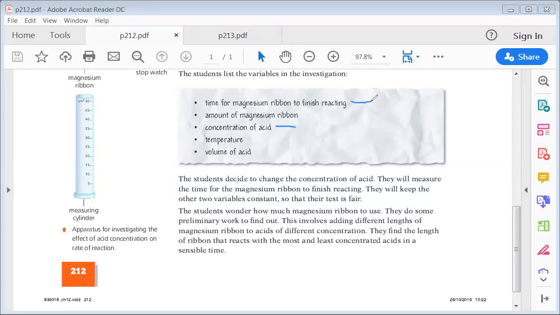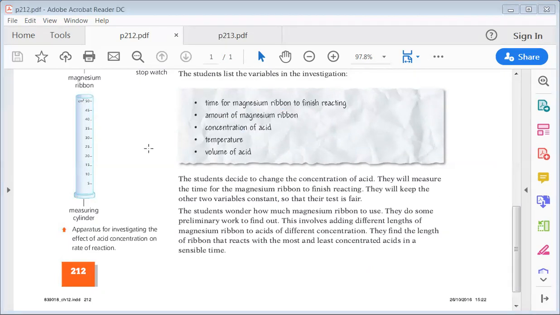The dependent variable, which is the variable that depends on the one that we change. So the time for the magnesium ribbon to finish reacting depends on the concentration of the acid, whether it is diluted or concentrated acid.